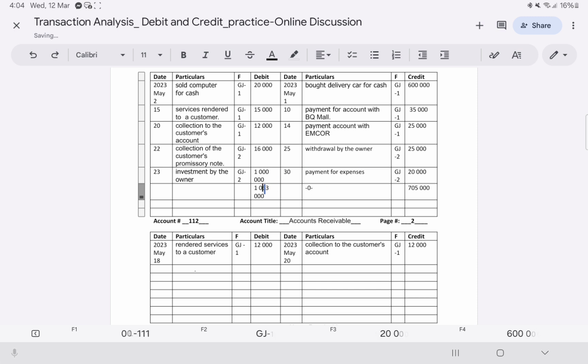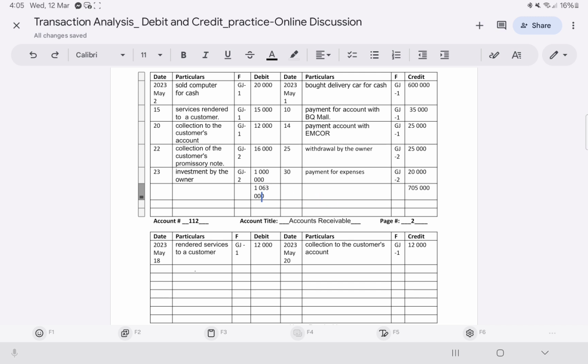Kung parehas na ni silang, if this amount 1,063,000 is the same with the credit side, before ka mubutang og 00, that means you are balanced already, but you're not yet balanced, so do not write 0 in that box. So i-minus man na nato siya.